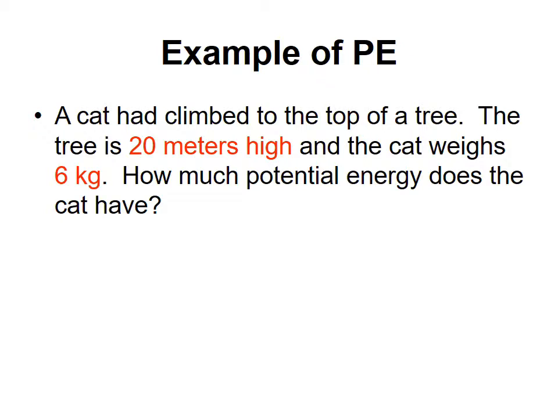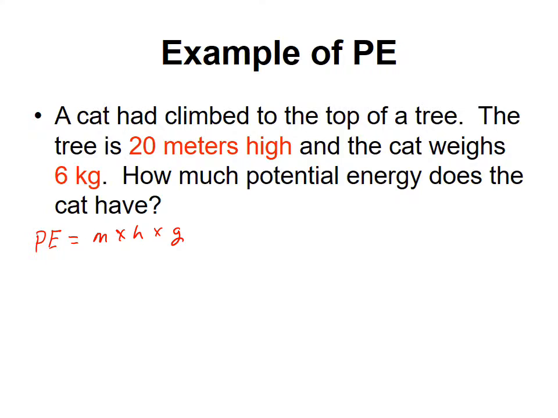And it stated that a cat climbed to the top of a tree. The tree is 20 meters high and the cat weighs 6 kilograms. We want to know how much potential energy we have. So of course we have to start with our equation. The potential energy is equal to the mass times the height times the acceleration due to gravity.